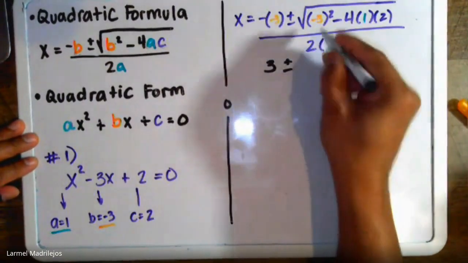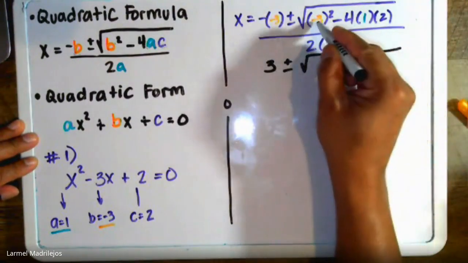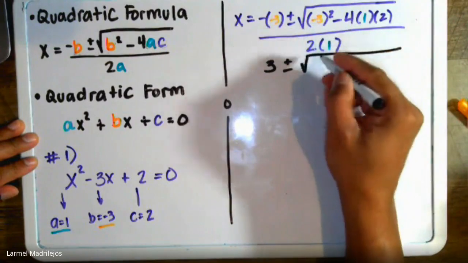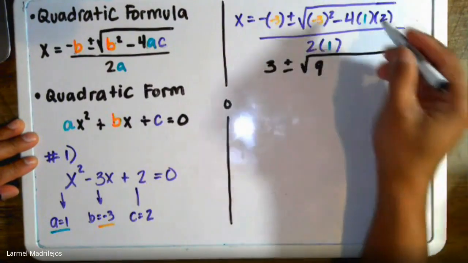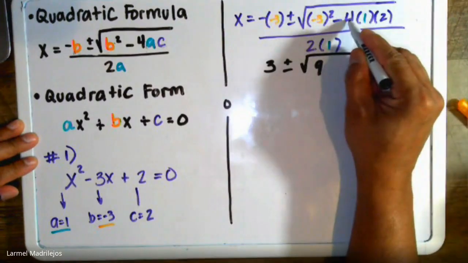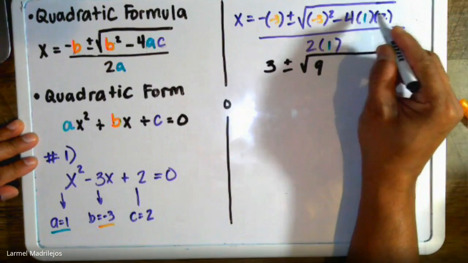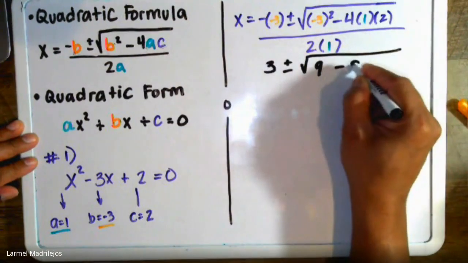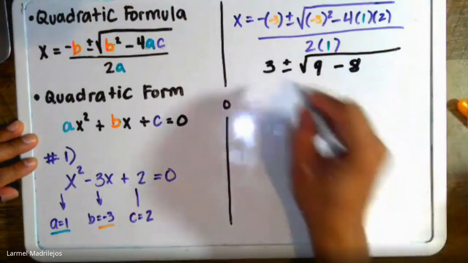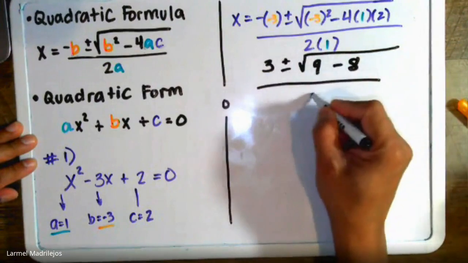Plus the square root of negative 3 times negative 3, which is a positive 9. 4 times 1 is 4, times 2 is 8, but there's a negative, so this is minus 8. All over 2 times 1, which is 2.